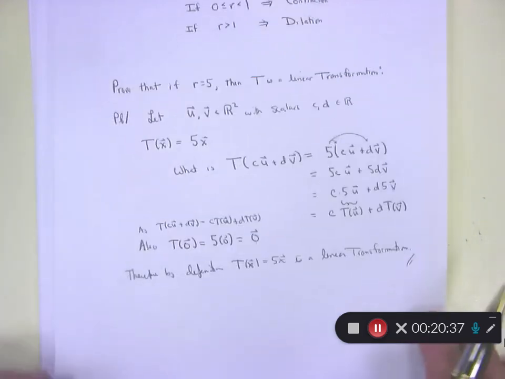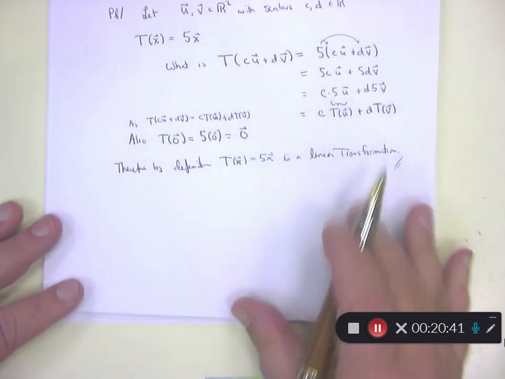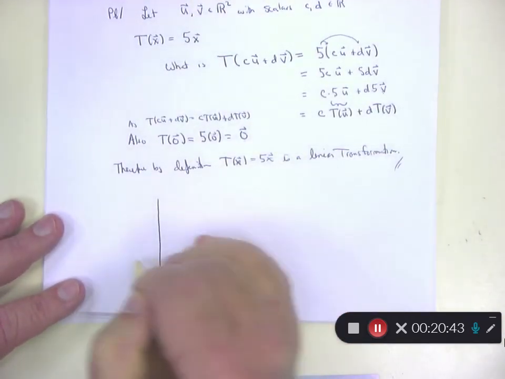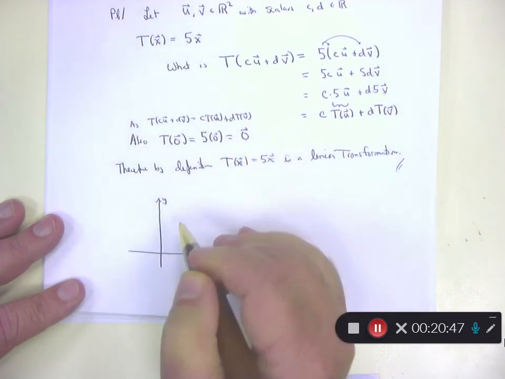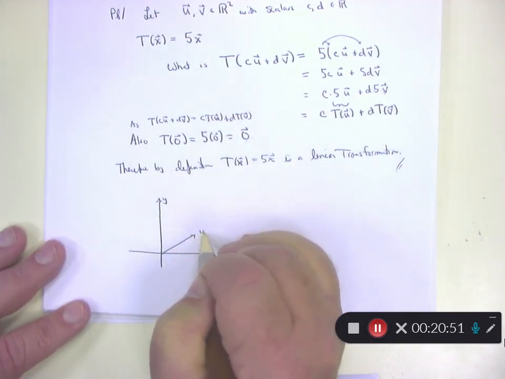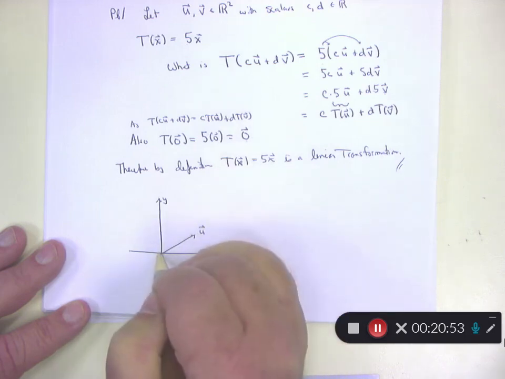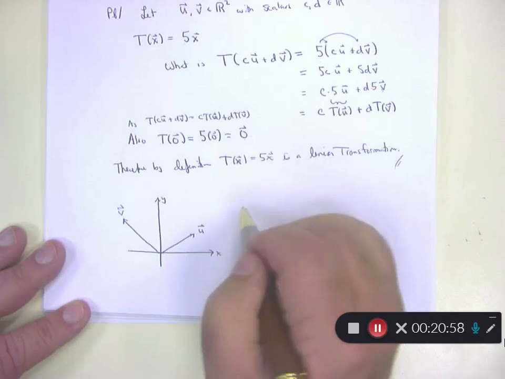So, from a picture perspective, if I did this, these are x, y, two-dimensional vectors here. I'm just going to make a vector here. I'm going to declare this guy to be vector u, and I'll declare this guy over here to be vector v.